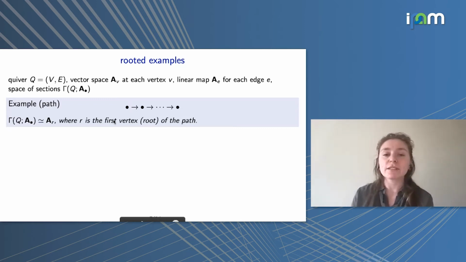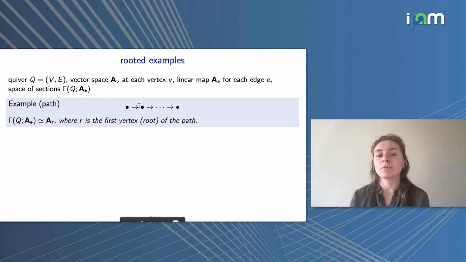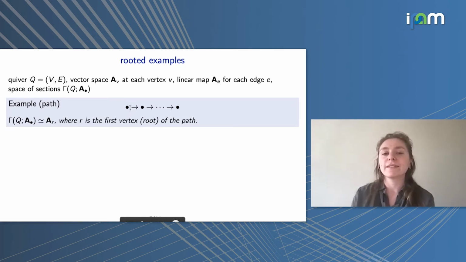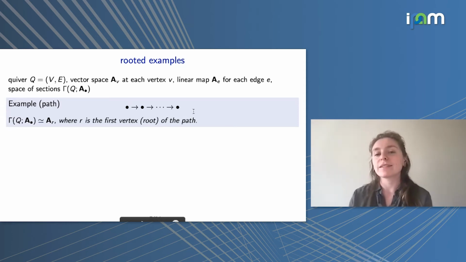And the space of sections here is just isomorphic to the vector space that's assigned to the first vertex, which I'll call the root of the path, since it's a root because it has a directed path to every other vertex in the quiver. So why is the space of sections isomorphic to this first vector space?